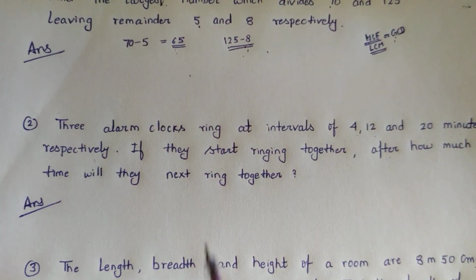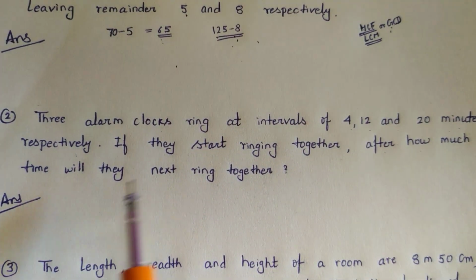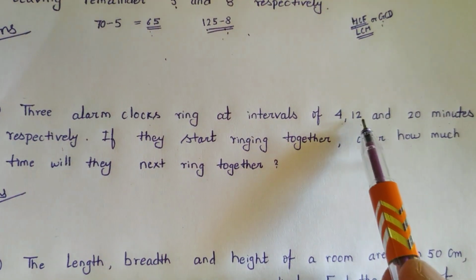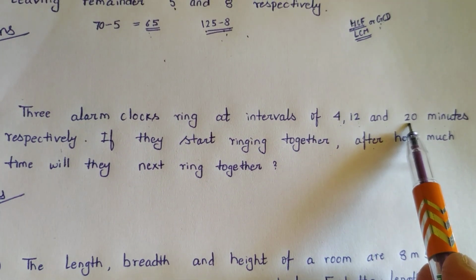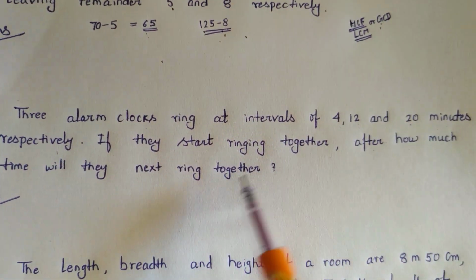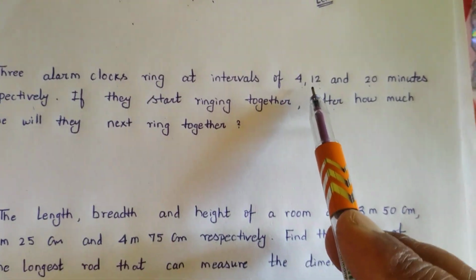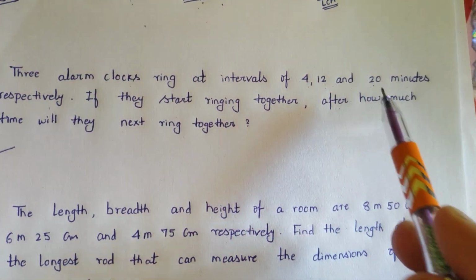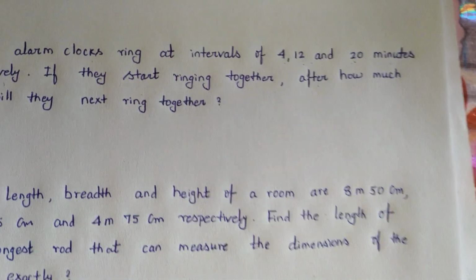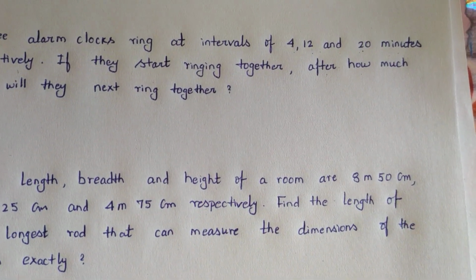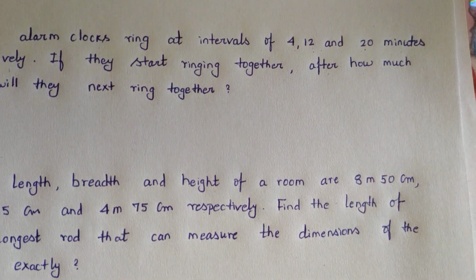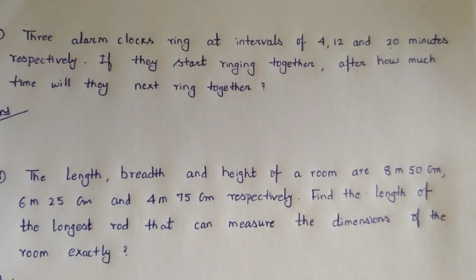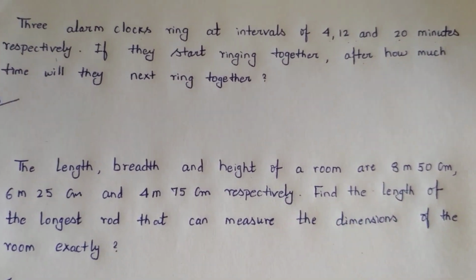Now we have to find the time which is divisible by each of 4, 12 and 20, or we can say that the required time should be a multiple of 4, 12 and 20. This means that we have to find the LCM of 4, 12 and 20, and this will help you to find the required answer.